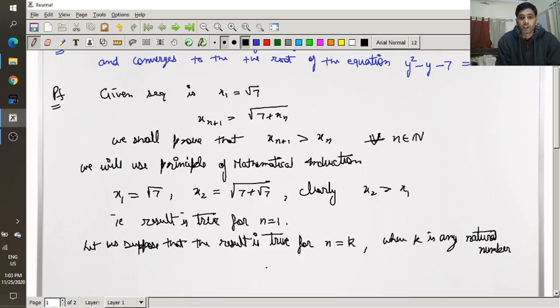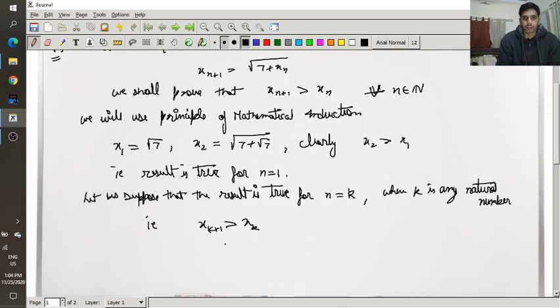That means xk plus 1 is greater than xk. So now, by using this result, we will prove that the result is true for k plus 1.